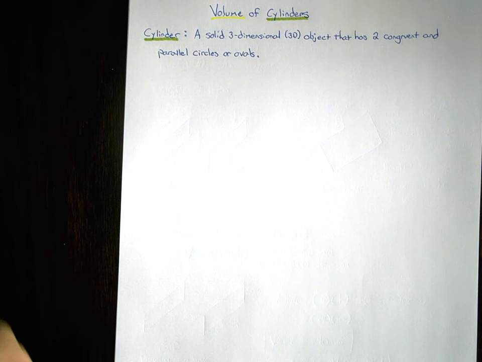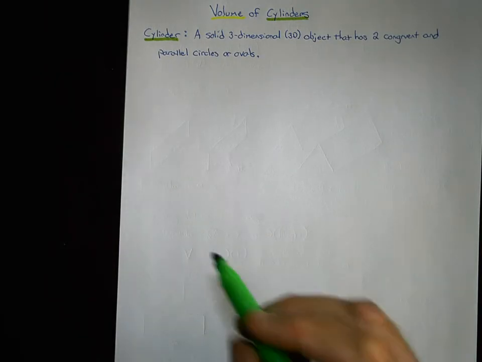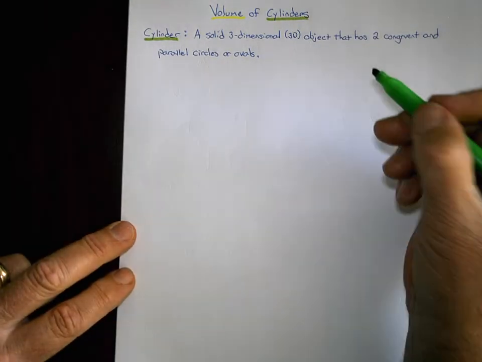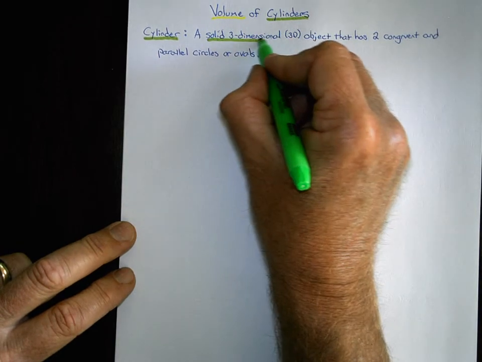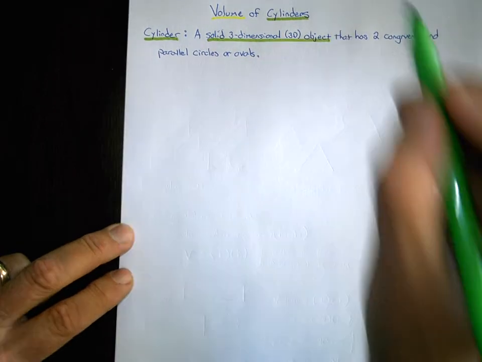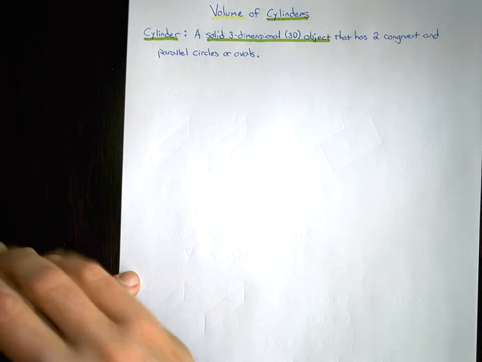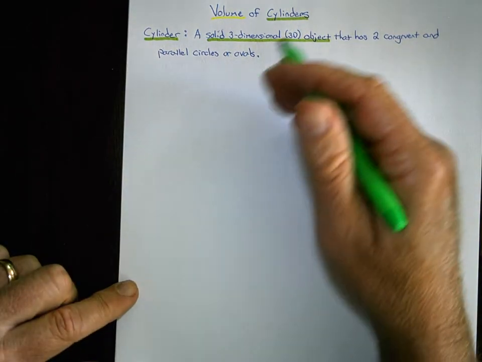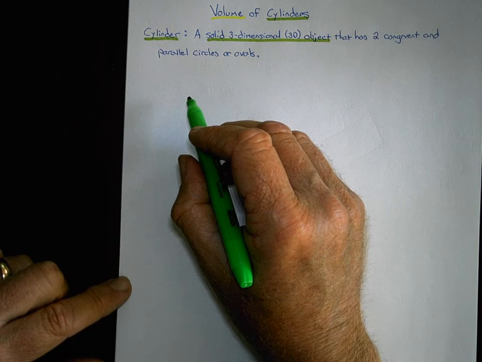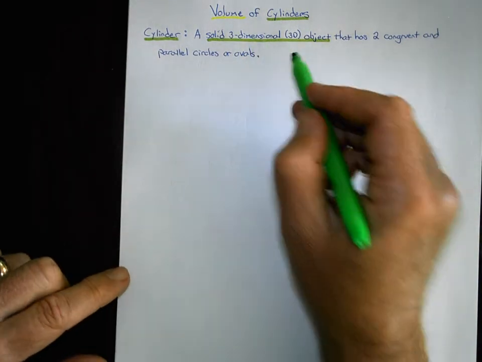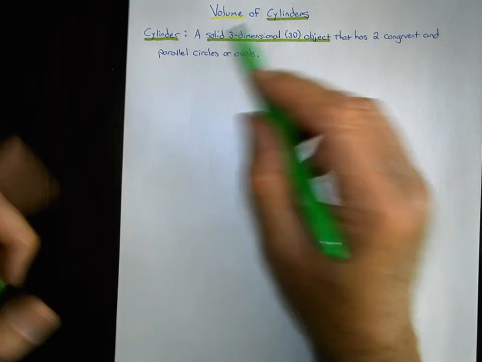Okay, so in order for a shape to be a cylinder, there's a couple things that have to happen. First of all, it has to be a solid three-dimensional object. What does that mean? Anything three-dimensional has depth to the object. A rectangle is not three-dimensional, so a rectangle cannot be a cylinder, obviously.